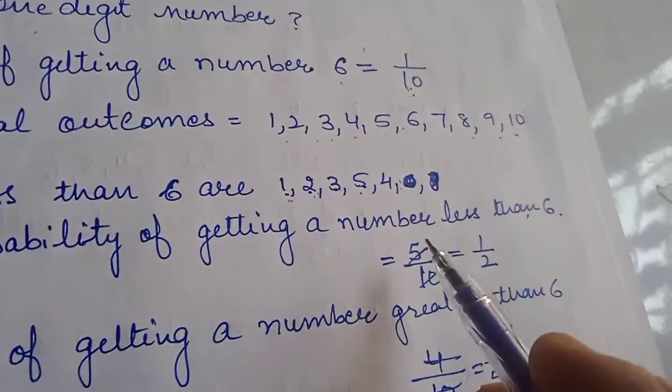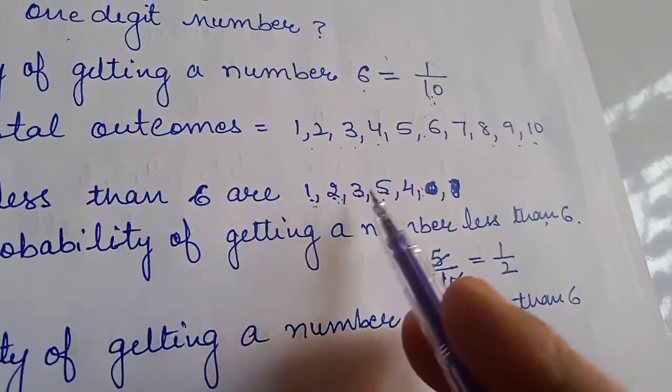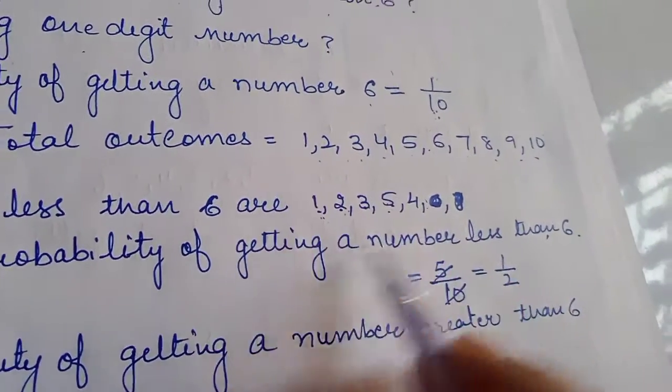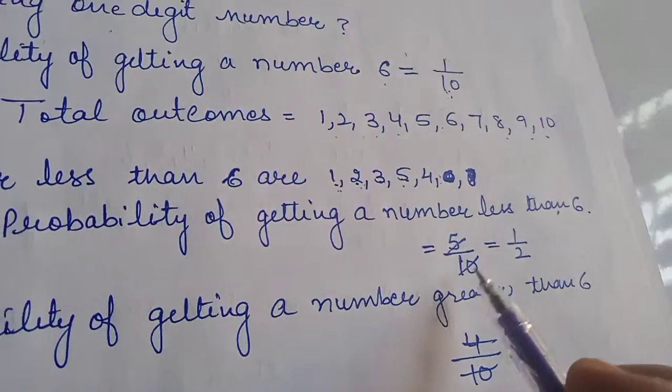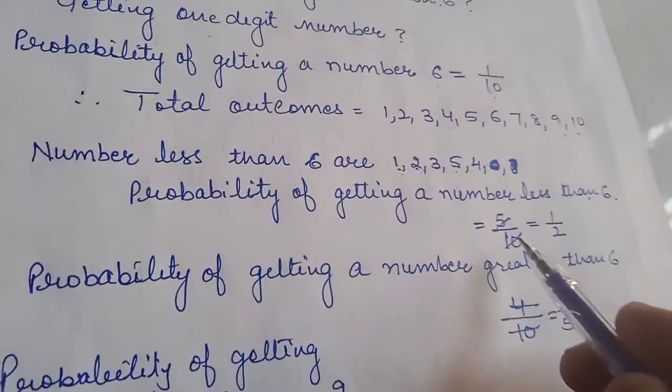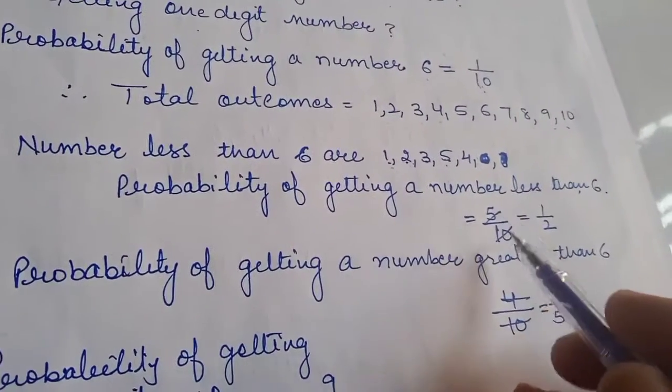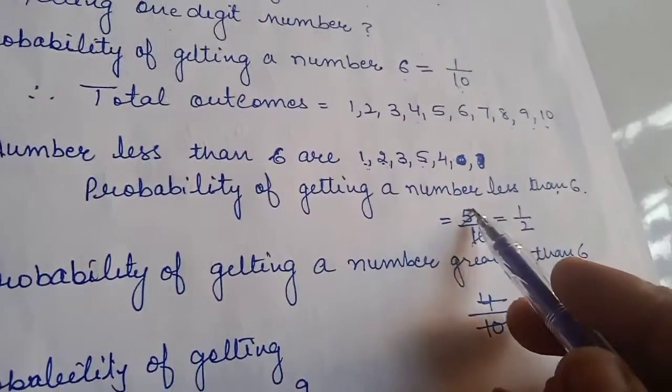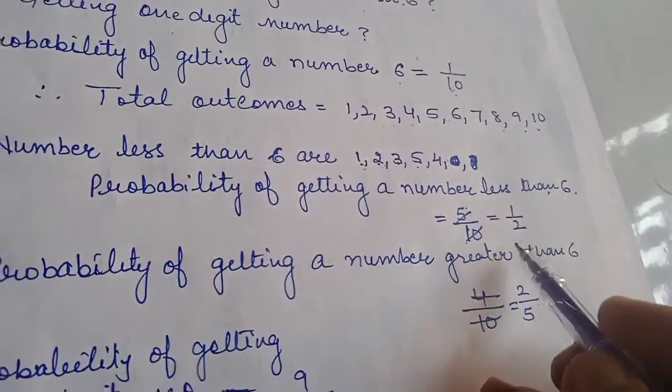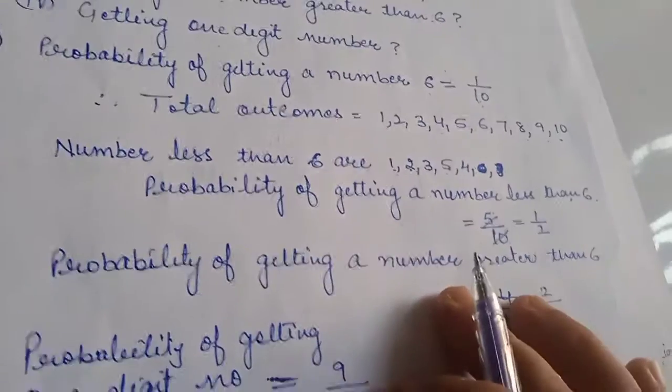The probability is 5 upon total outcomes, and the total outcomes are 10. 5 ones are 5, 5 twos are 10, so the probability is 1 by 2.